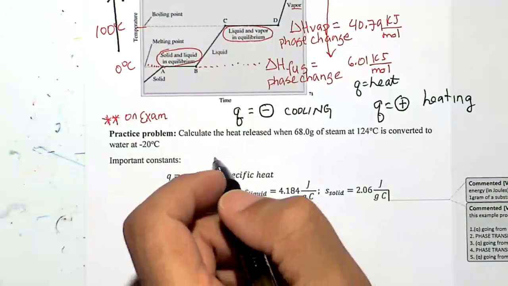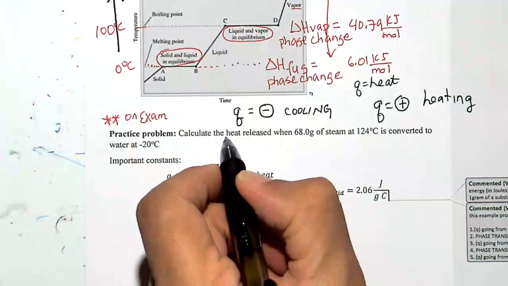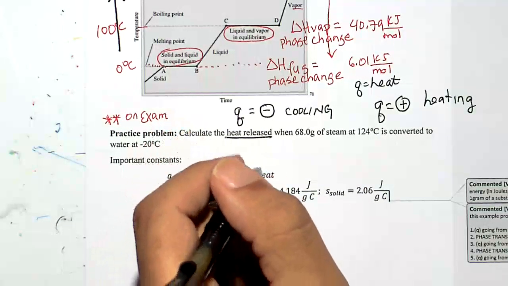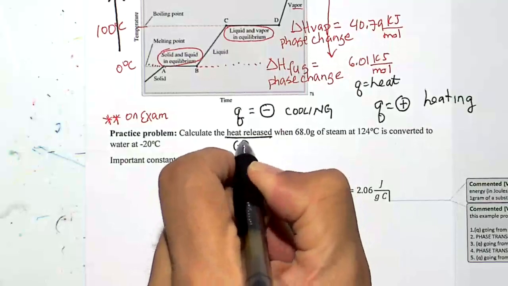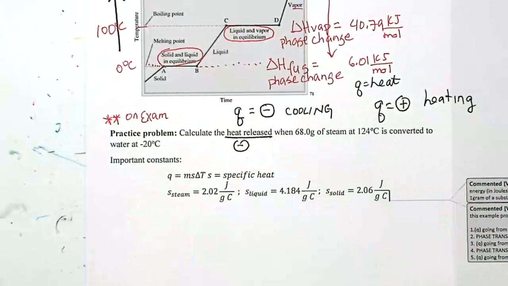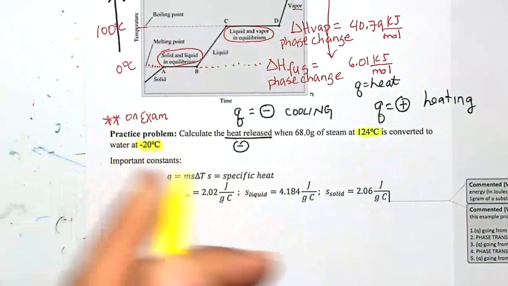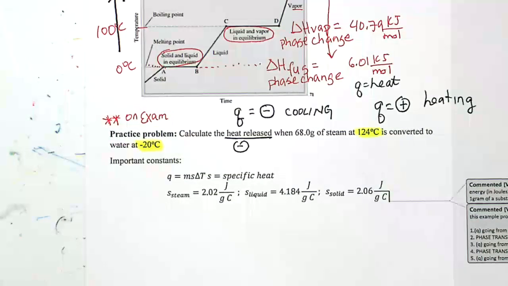So in this specific problem, calculate the heat released. What will the sign be? Positive or negative? It's going to be negative. We're going from 124 degrees C to minus 20 degrees C. So are we heating or cooling?